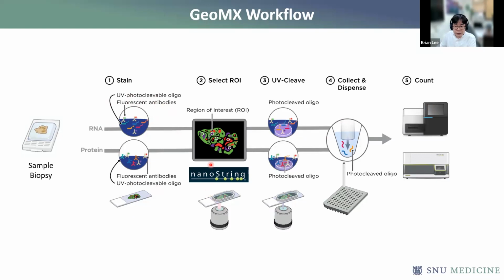That slide will then go into the GeoMx instrument, where the fluorescent antibodies will help to determine which regions of interest will be selected for GeoMx profiling. Those oligos will then be UV cleaved and dispensed per ROI into a 96-well plate, where that plate is then sent off for sequencing to identify all of the transcriptomic information from each single ROI.